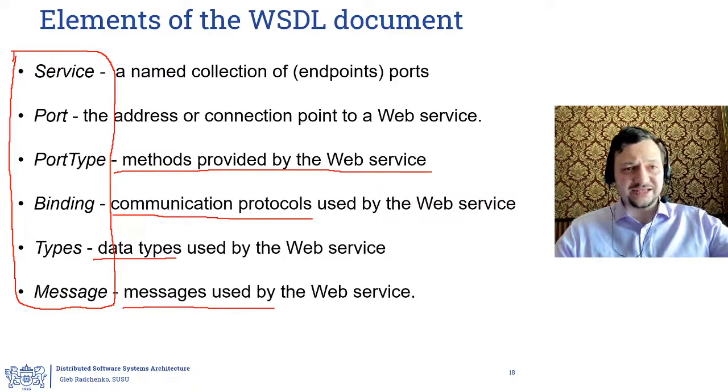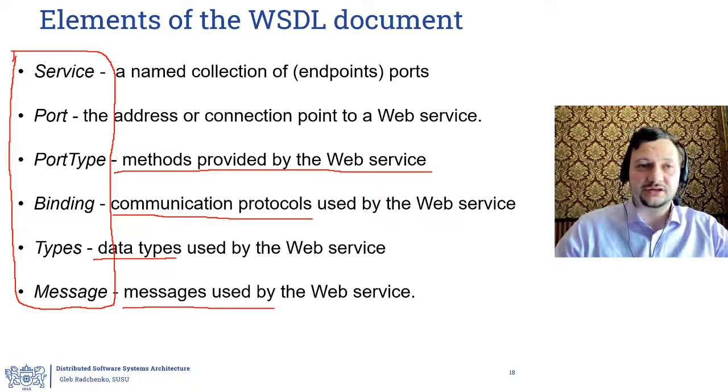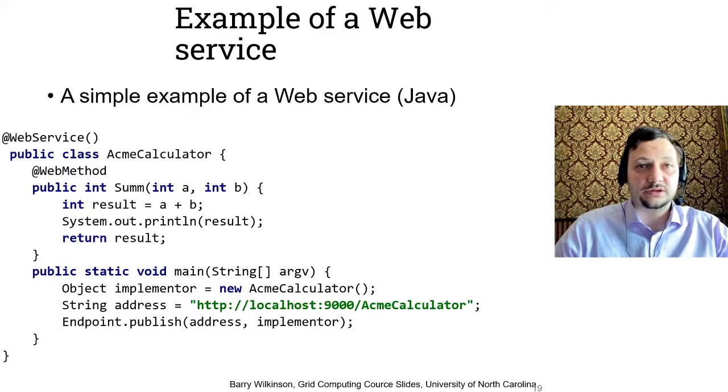So let's understand how we can use these elements to describe our web service. As an example, we would use a simple web service that was written in Java, and this is a calculator web service. This calculator would be able to execute only one remote procedure. This is the name of this remote procedure, sum.